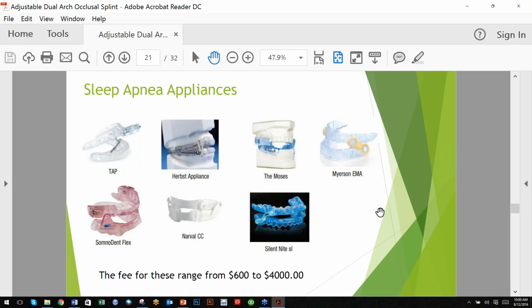Another thing to take into account is that anytime you're dealing with a chronic condition, and sleep apnea and snoring are chronic conditions, there's a compliance issue. It's the nature of any chronic condition: heart failure, high blood pressure, cholesterol, asthma, the list goes on.